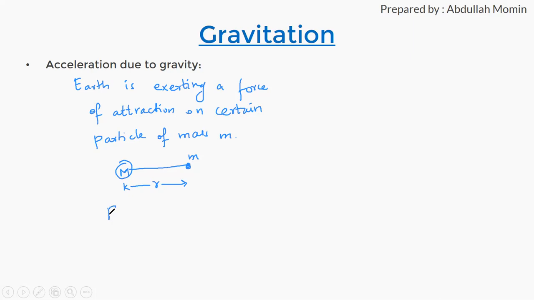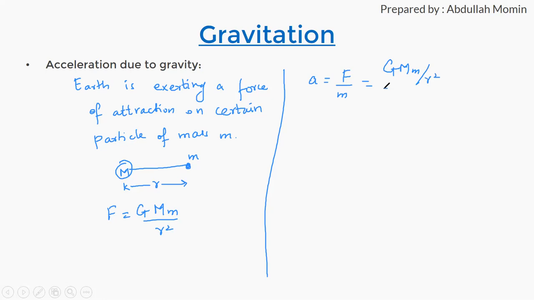So the force of attraction can be written as G M m upon r square, and the acceleration experienced by the mass small m can be written as acceleration is equal to force upon small m. So we can write G M m upon r square divided by small m. Small m gets cancelled. We can write G M upon r square.